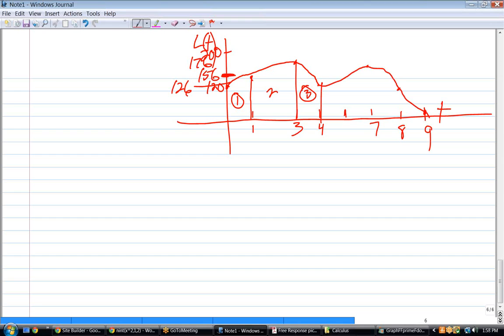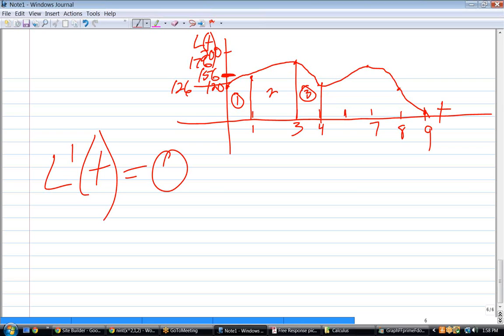Now, what would it mean to say, how many times is L prime of t equal to 0? That means the slope of this original function has to equal 0. How many places on that curve is that going to occur?